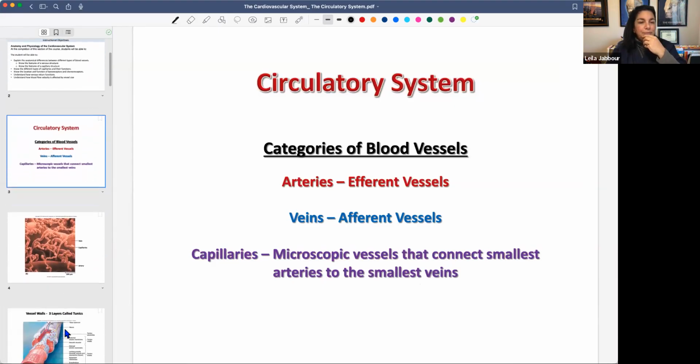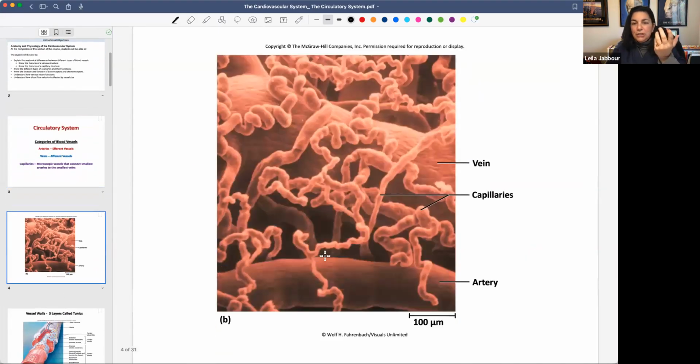Okay. A quick illustration here. I'm surprised it's not actually in the legend. This is most probably, it looks like to me, a scanning electron microscopy picture of a vein over here and an artery over here and all of these little capillary vessels in between.